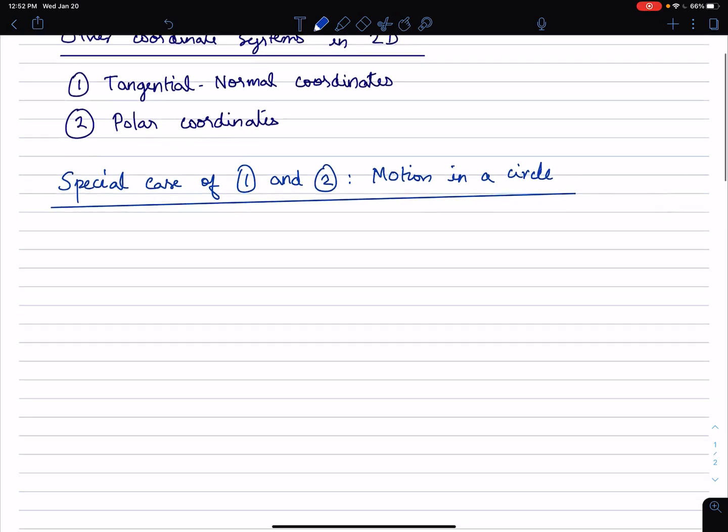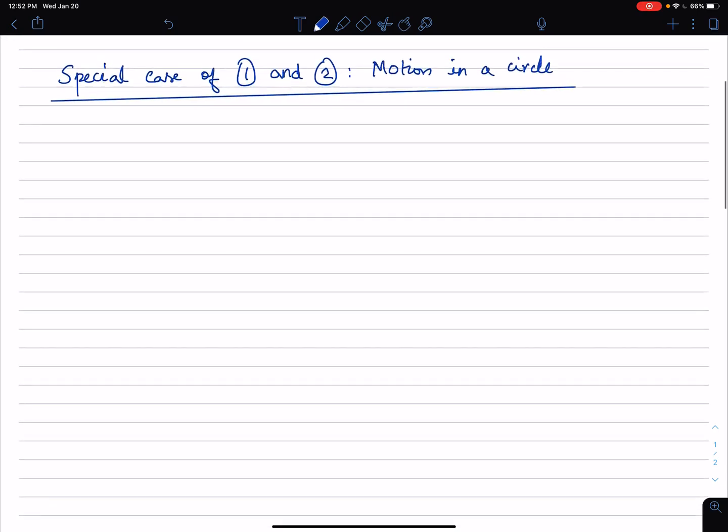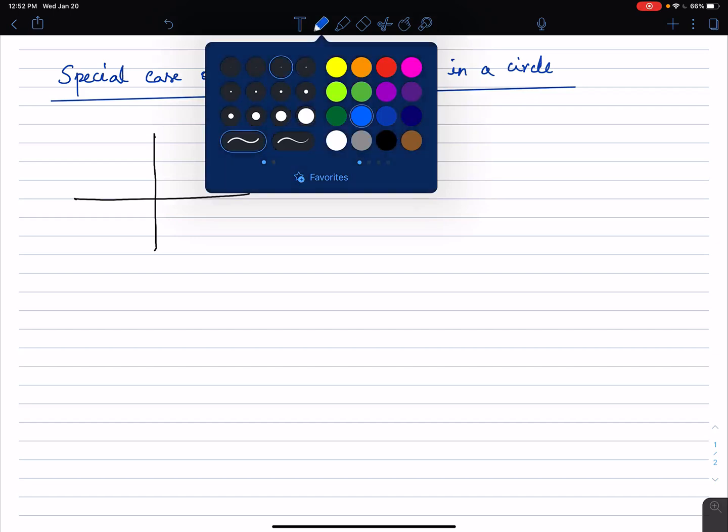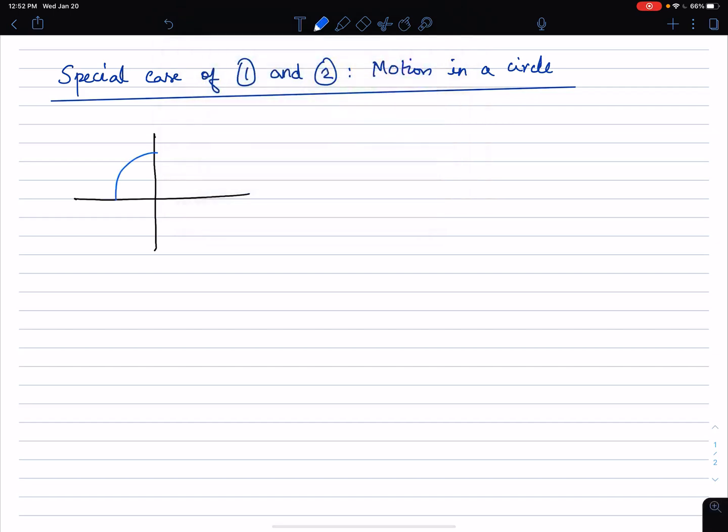Okay. So what do we mean by motion in a circle? So let's say we have some circle. I suppose that's a circle, roughly.